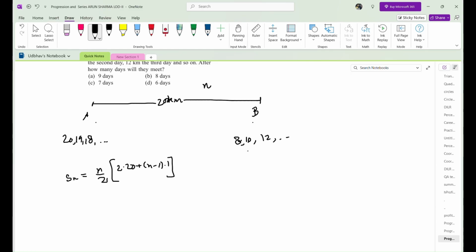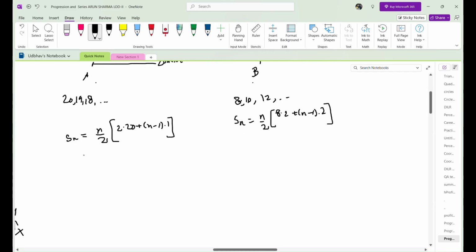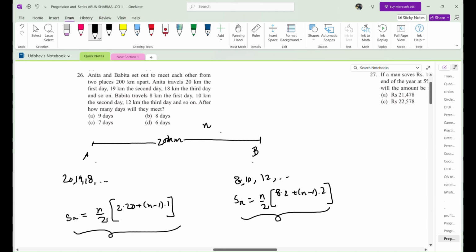And how much distance would Babita have covered? Sn for Babita will be n upon 2 into 2 into 8 plus n minus 1 into 2, because the common difference is 2 and the first term is 8. So after n days Anita has traveled this distance, and Babita has traveled this distance, and we are saying that after n days they meet.